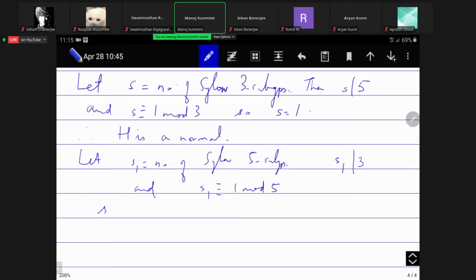So K is normal. So we have now identified two subgroups: a subgroup of order 3 that is normal, and a subgroup of order 5 that is normal. So these are all the Sylow subgroups that we have.